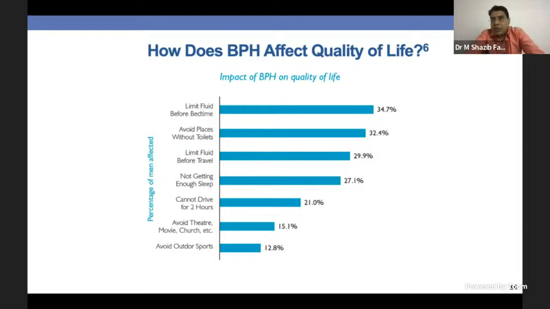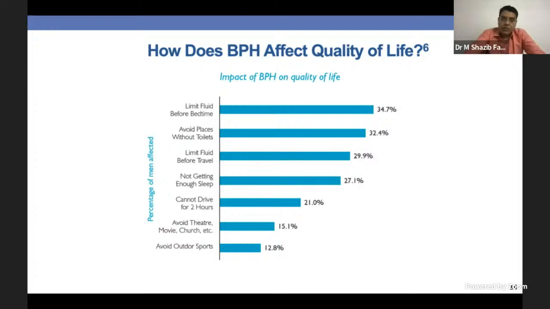Maybe they're traveling in a bus, maybe in trains where toilet facilities are not very good or not available. So they have to limit their fluid in fear of urination in between. About 27% of patients are not getting enough sleep because they have to wake up every 15 or 20 minutes, the whole night, to pass urine.